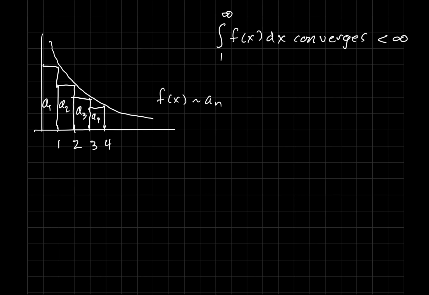And notice here that the rectangles are less than the integral. That is, they are beneath the integral. Now, that's if I start at n equals 2, because I chose to do some right hand.